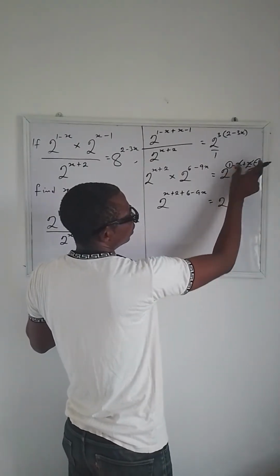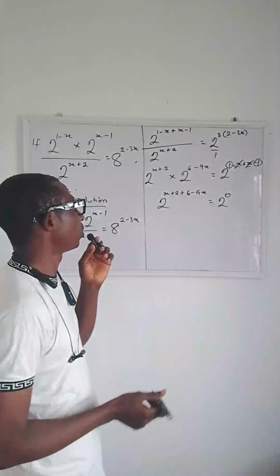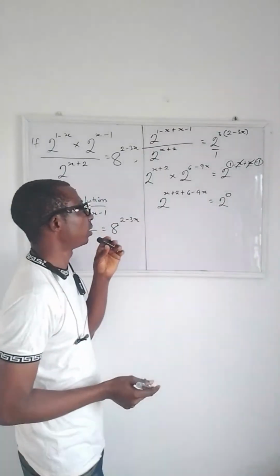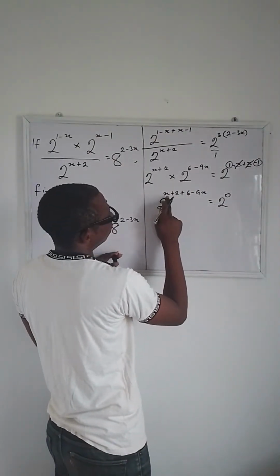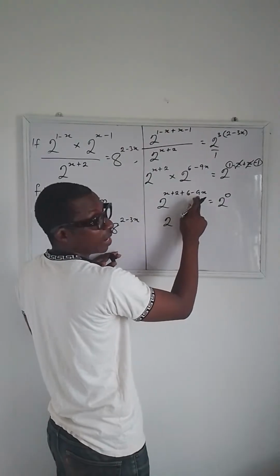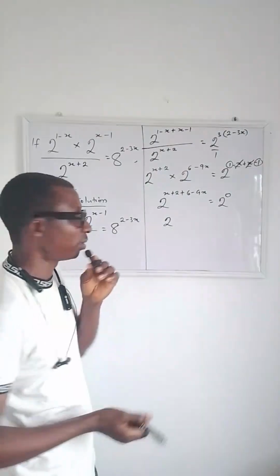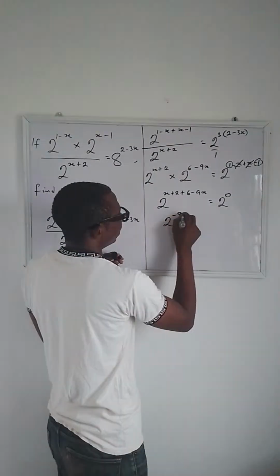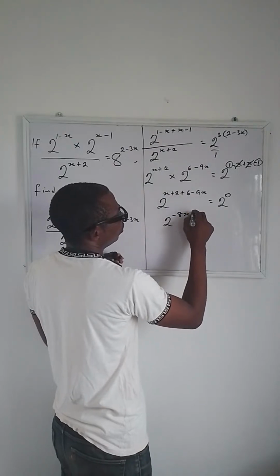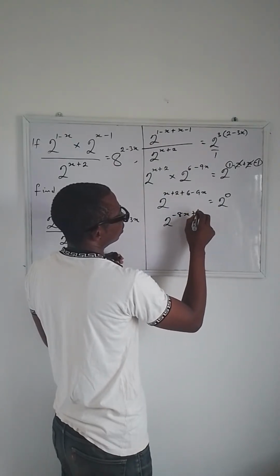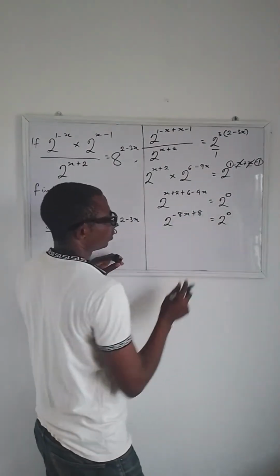So everything here turns to 0. Okay, so now let's tidy up the power here. We have 2 raised to the power of, x and minus 9x give us minus 8x. When you add 2 and 6 together, it gives you plus 8, equals to 2 raised to the power of 0.